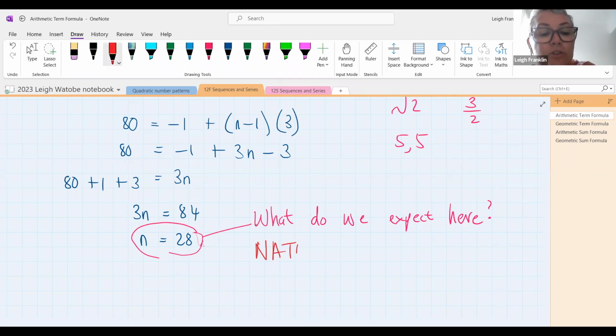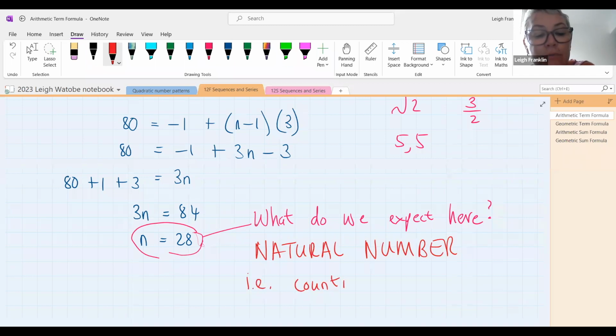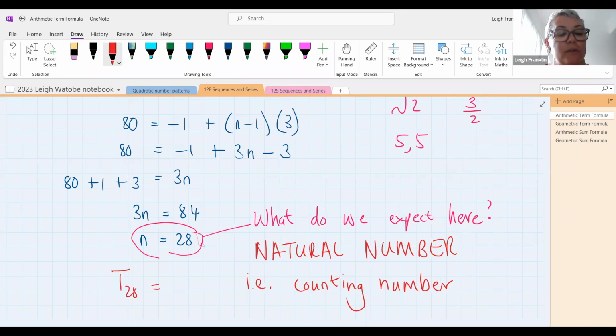And natural numbers are our counting numbers, i.e., 1, 2, 3, 4, because remember, n is position. n is all about the position. So what we have calculated is that term 28 is equal to 80.